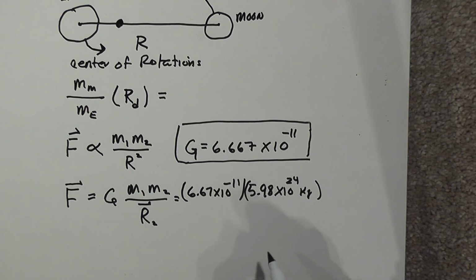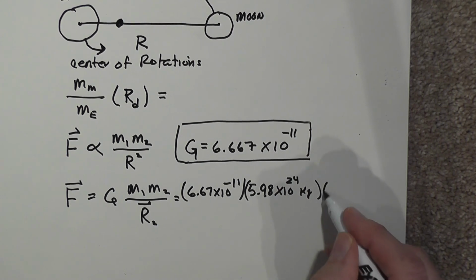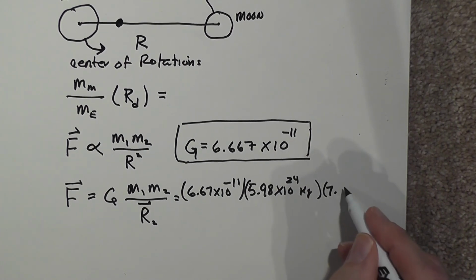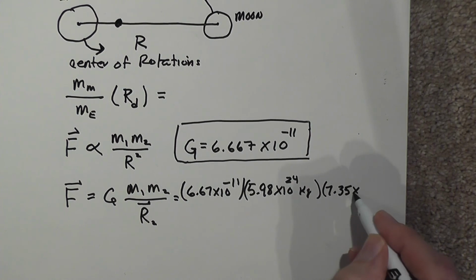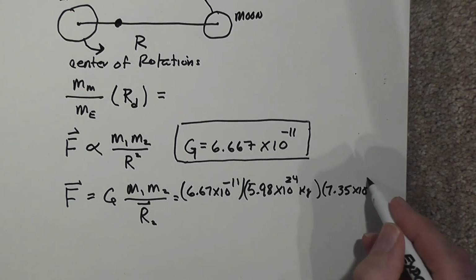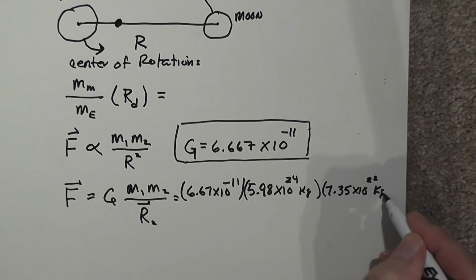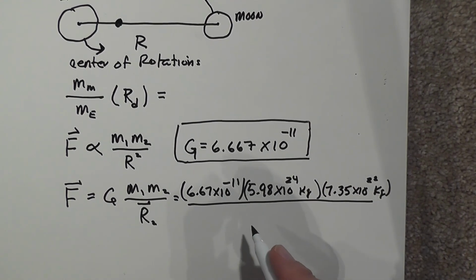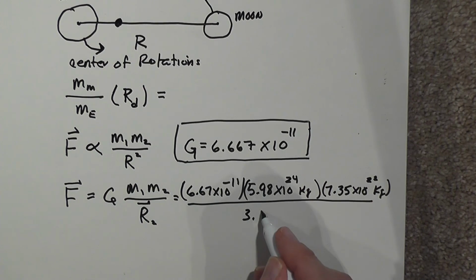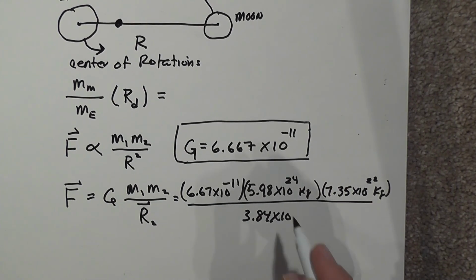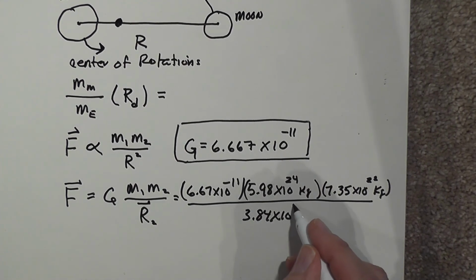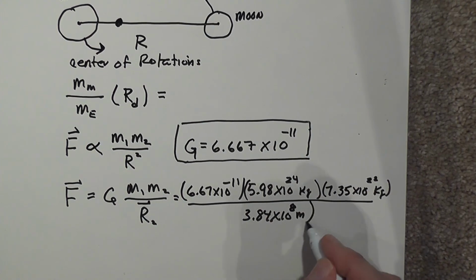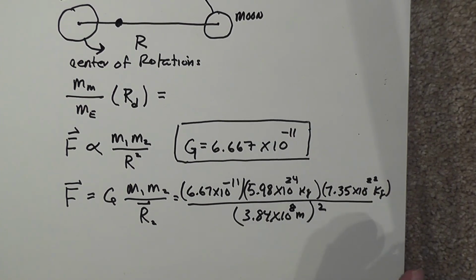And then we have the mass of the Moon, which is 7.35 times 10 to the 22nd kilograms. And all this was divided by the distance between the Earth and the Moon, 3.84 times 10 to the 8th meters. And this is squared.